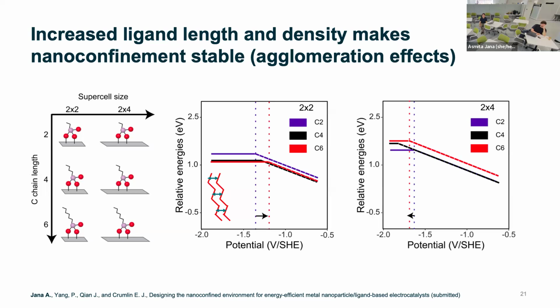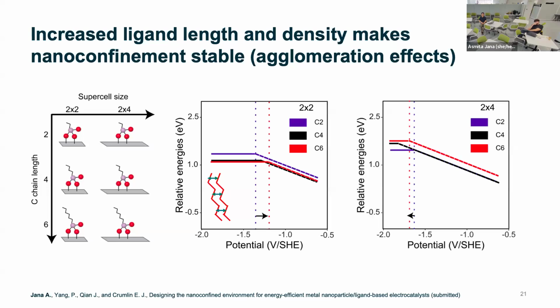And I've plotted specifically the transition potentials because that's what I'm interested in, right? So you can see if you compare 2x2 to 2x4, with the 2x2, the transition potentials are a little more positive compared to the 2x4. So in terms of density, you want it to be more dense.